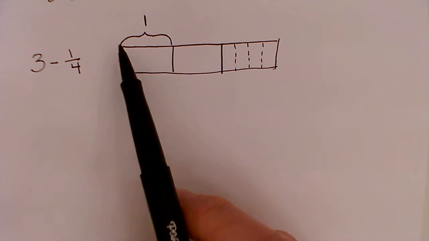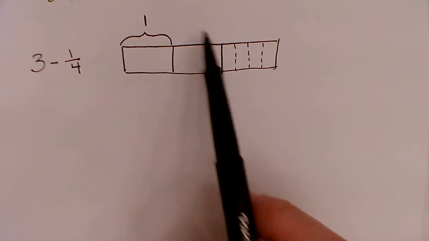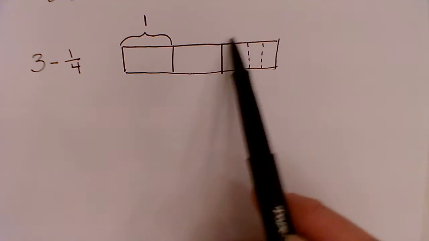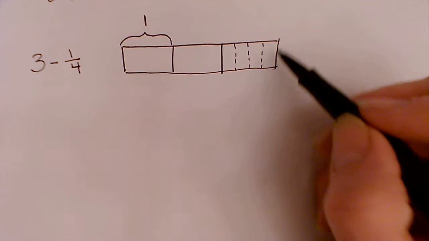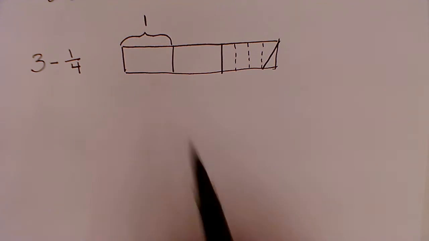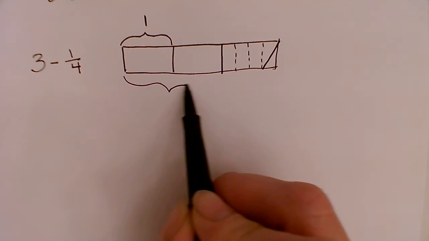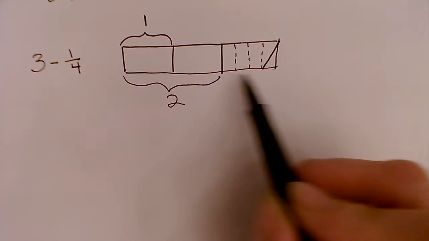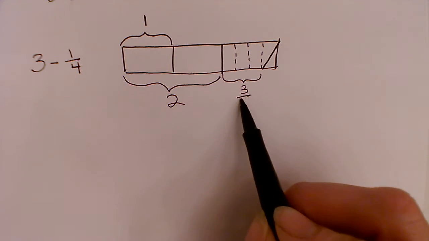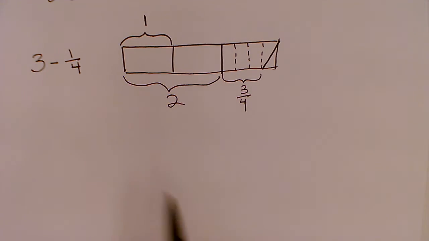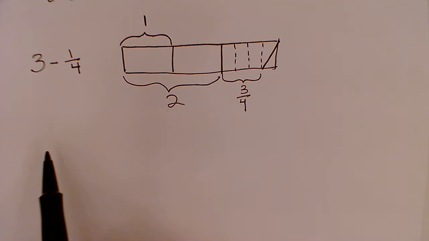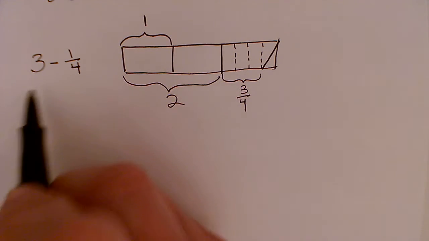So now what you can see is that I have 2 that are still wholes, they're completely whole, but this one I have decomposed into fourths. And now I can say, well, let me get rid of one of those fourths. So what am I left with? I'm left with 2 wholes, and then here I have 1, 2, 3 fourths. So when I take 3 and I want to subtract 1/4, I end up with 2 3/4.